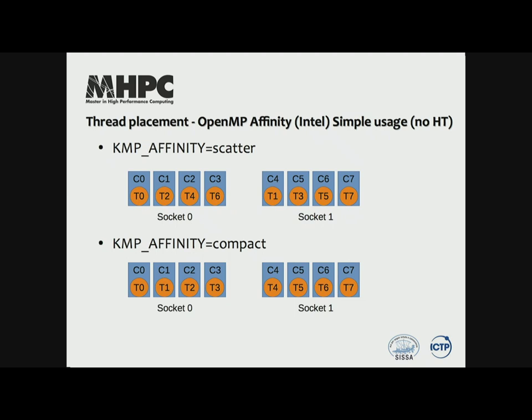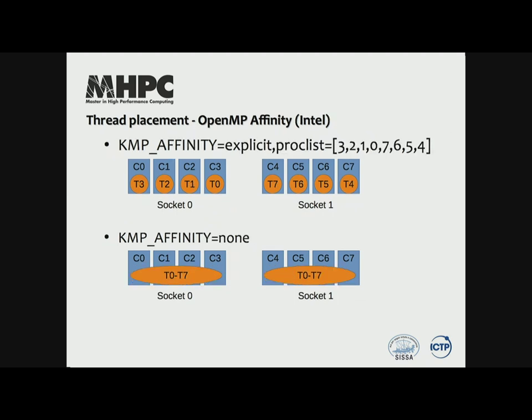You can do KMP_AFFINITY=scatter. That again means I'm scattering my threads in a round robin way. Then I can say KMP_AFFINITY=compact: please put all my threads in the same socket in an ordered way. So there are different kinds of results that you can have. And then you can also be explicit, and say, okay, I have 8 threads, please put them using this processor list.